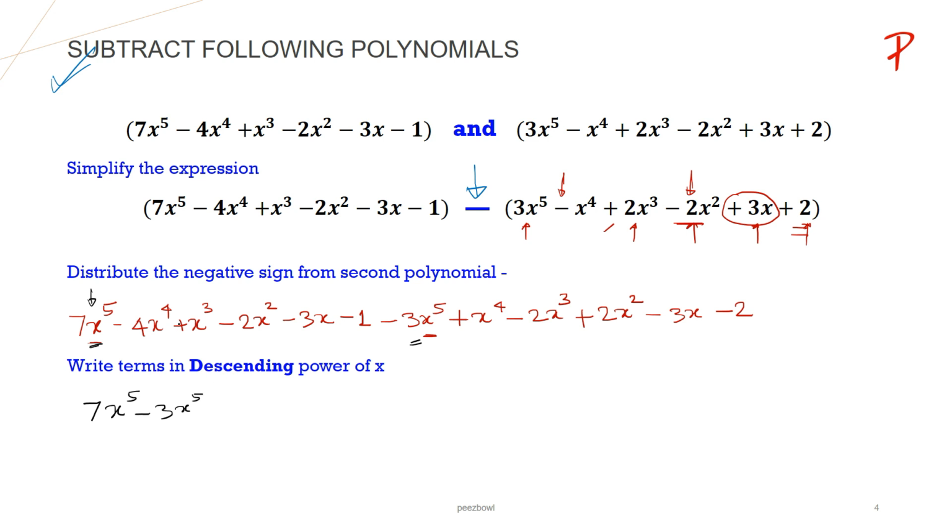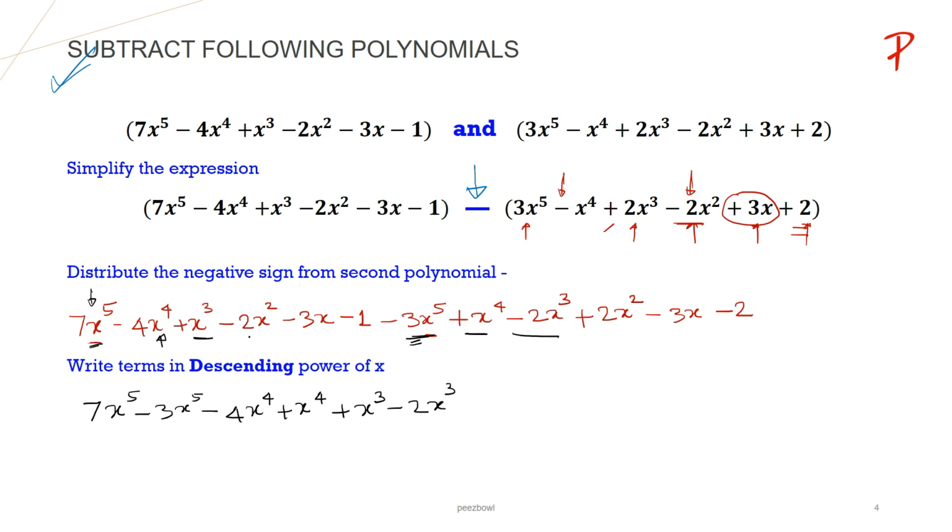After that we have x to the power 4 minus 4x to the power 4. Here we have plus x to the power 4. Okay. After that here we have x cube plus x cube. In the second polynomial we have minus 2x cube.